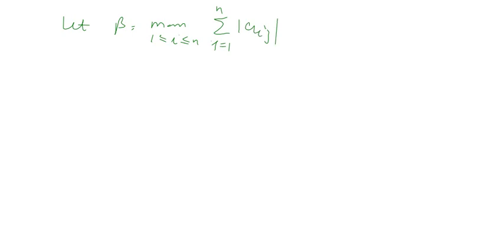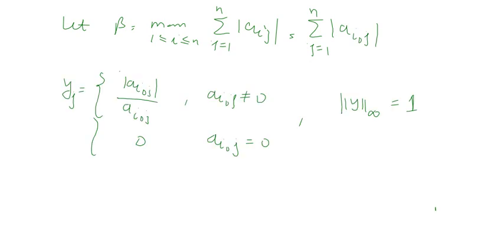So this is equal to, for some i naught, summation j equals 1 to n of mod of Ai naught j. Norm of y, that is 1.